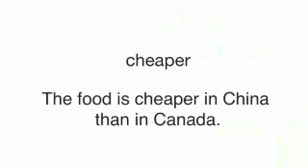The food is cheaper in China than in Canada. And we'll learn how to use different from, like in this sentence. The food is really different from here. But first, let's watch a movie about Jim, who's just returned from China.